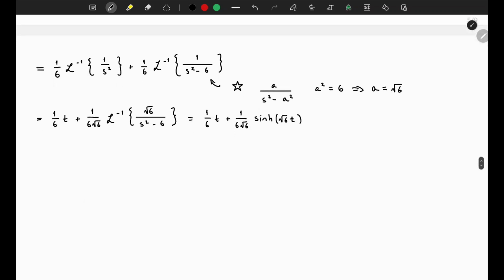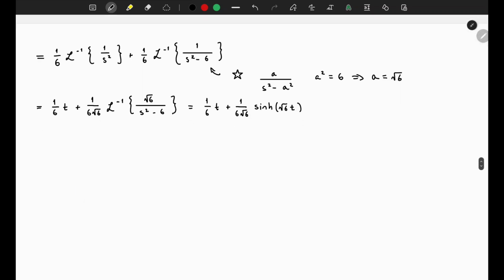Let's factor out that 1 over 6 just because we can, and let's write our final x of t. So the x of t in this question is 1 over 6 times the bracket t plus 1 over root 6 sinh root 6t.